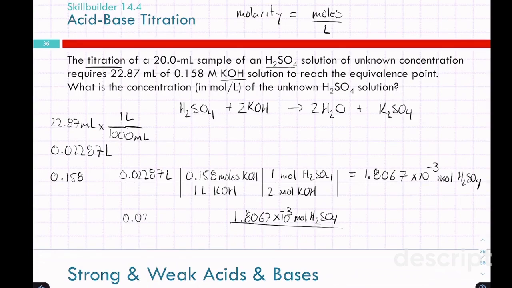So this is going to be 0.020 liters. So divided by 0.02, the concentration of the solution is going to be 9.03 times 10 to the negative 2 molar H2SO4.